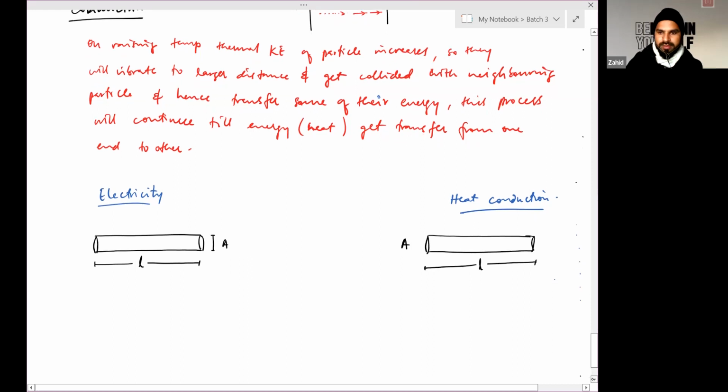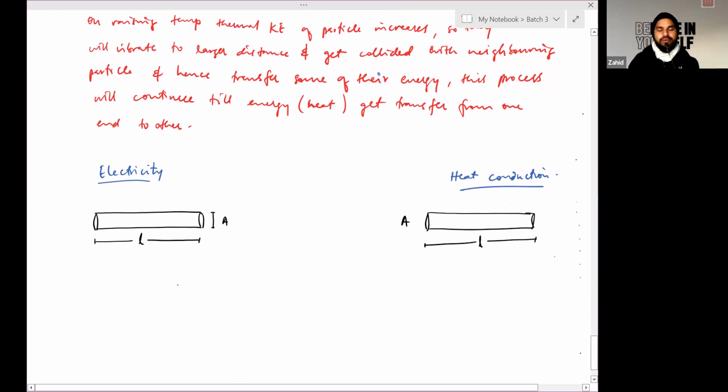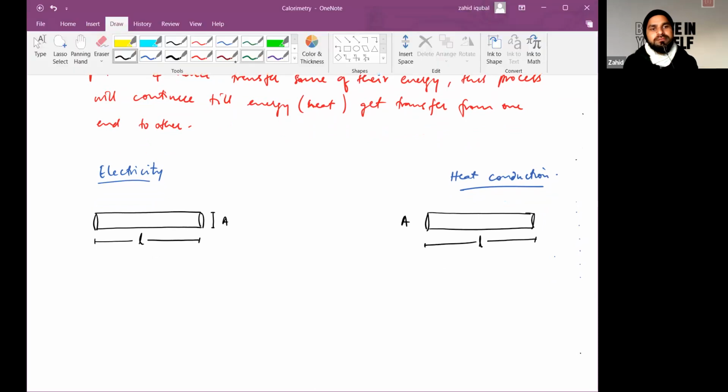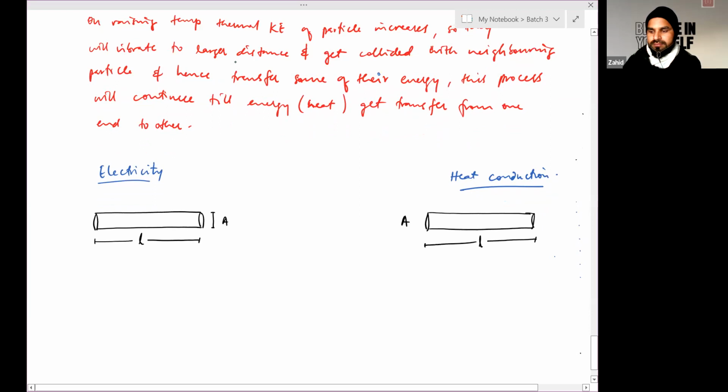Riba, just tell me, what will be the basis of flow of electricity in a particular conductor? How should there be flow of electrons in a particular conductor? So you'll say you must need some voltage difference between their ends, which is necessary for flow of current.